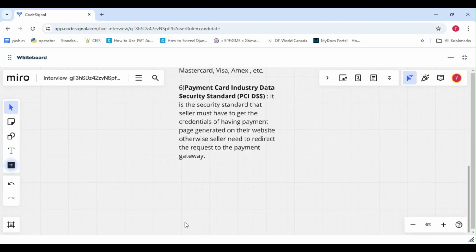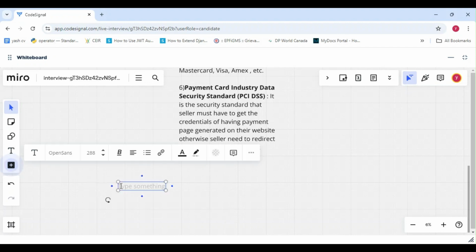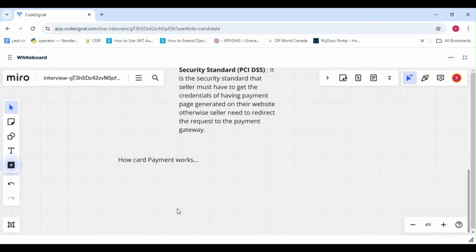So let's write the flow of how card payment works. Let me write it. Now we are going to design the flow.